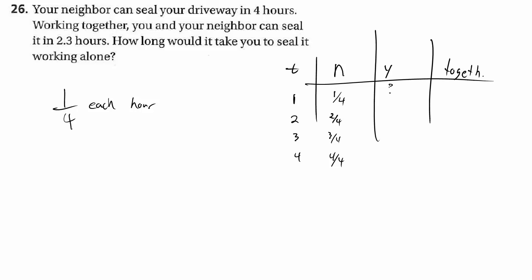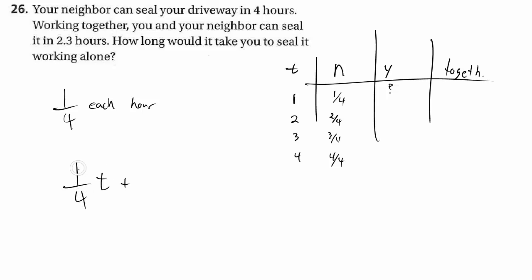Now, you don't know how long it takes you to do it, but you know that together you can do it in 2.3 hours. The important thing is that to get the rate at which you do it, you take the reciprocal of how long it takes you to complete the job. So the idea is that your neighbor, since they do 1/4 of the job each hour, you do 1/4 times t, you could also use x.